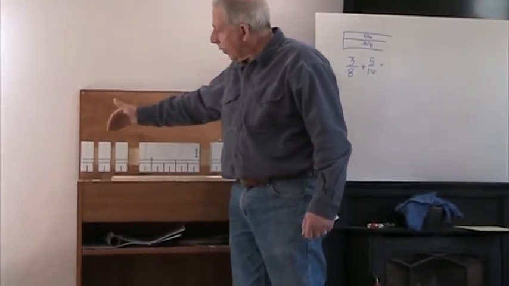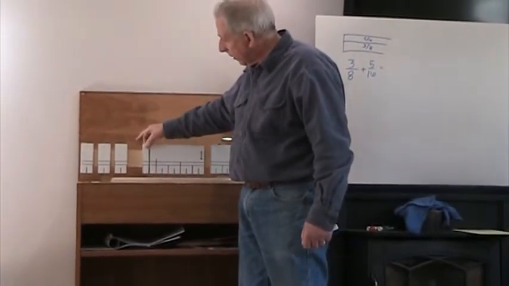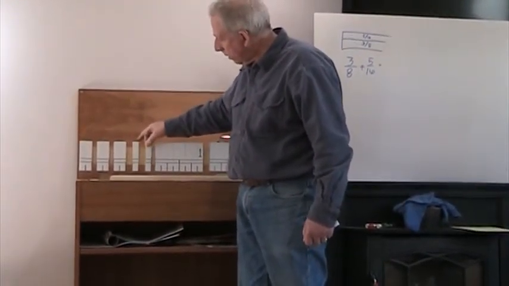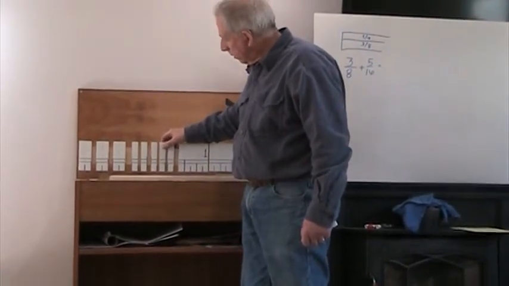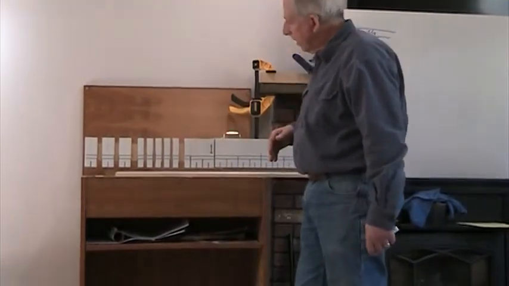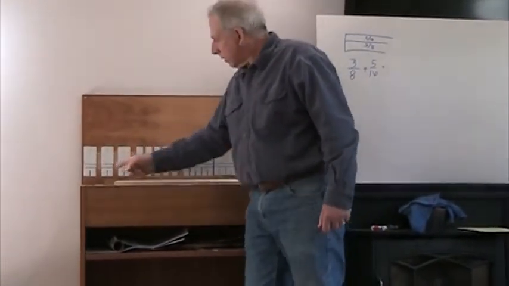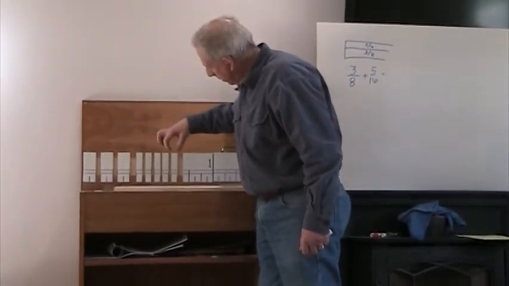All right. I want to add to that 5/16. Now each of these is a 16th, so we've got 1, 2, 3, 4, there's your 5/16. I want to add these 5/16 to those 3/8. My answer is not going to be in eighths, because here's an eighth, an eighth, an eighth, an eighth, an eighth, and this is a half of an eighth.